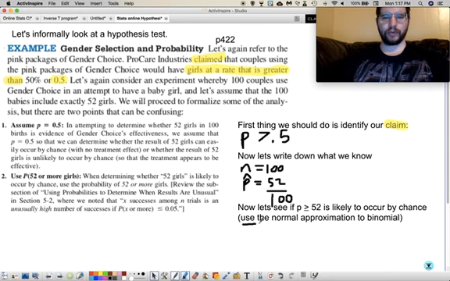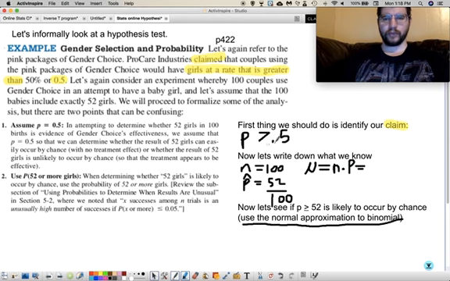But we're going to use the normal approximation of the binomial to estimate the probability of greater than or equal to 52 to see whether or not this would likely happen by chance. To do that, we need to find mu. Remember, that's n times p. p is 0.5. Notice it's p, not p hat. So 100 times 0.5, well, that's 50.